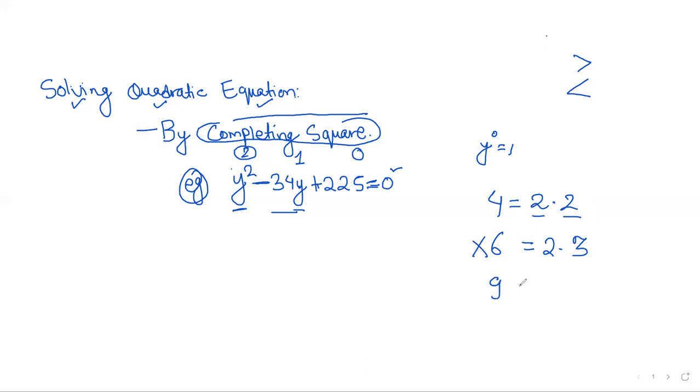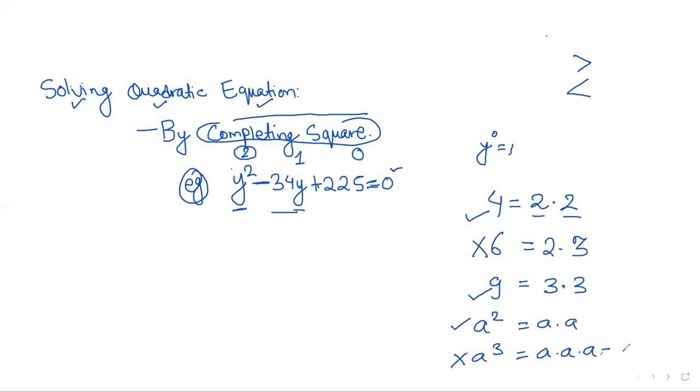Then again, look at 9. 9 is a square number because I can express it as 3 times 3. So this is how we find square numbers. Same case with variables also. a square is a square number because I can express it as a times a. But a cube is not a perfect square. Why? Because we can express it as a times a times a, which is a product of 3 factors.